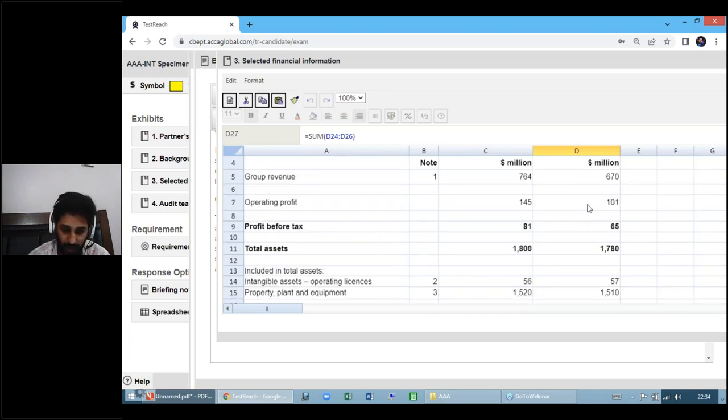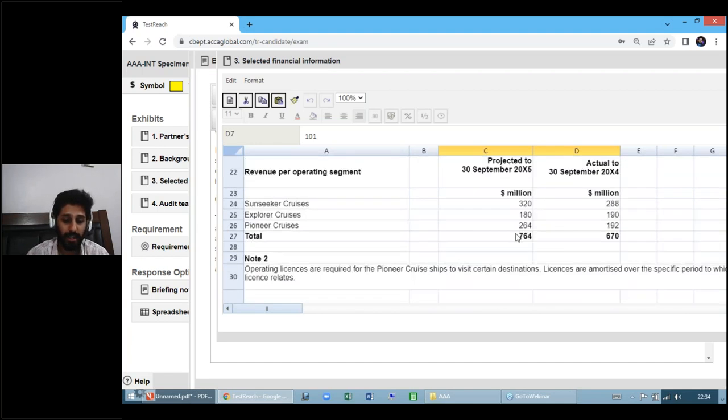is getting increased by 43.6%. The operating profit is not mentioned individually. The profit is increasing by 43.6%, and the revenue is increased by only 14%.